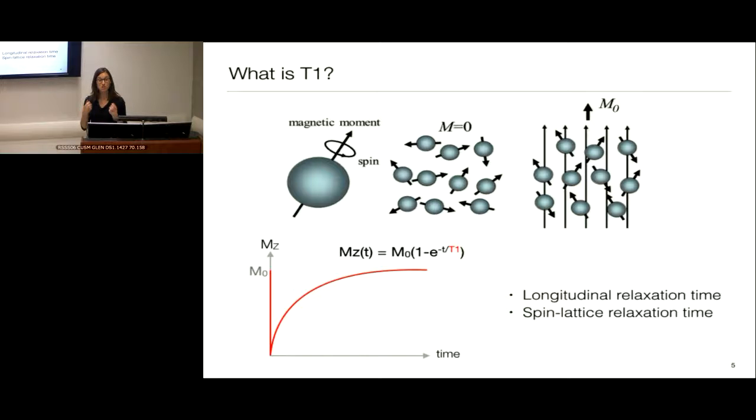And so when we give energy to these spins, when we excite them, they deviate from their equilibrium position into the transverse plane. And as they recover back to their original longitudinal magnetization, the time constant T1 characterizes that recovery. Okay? And they're basically going back to that equilibrium position by interacting with their environment, which we refer to as the lattice.